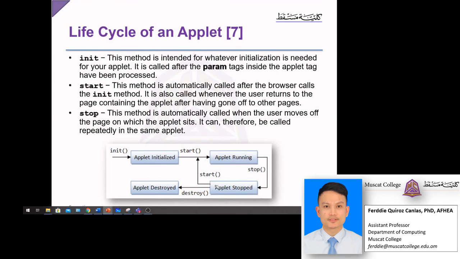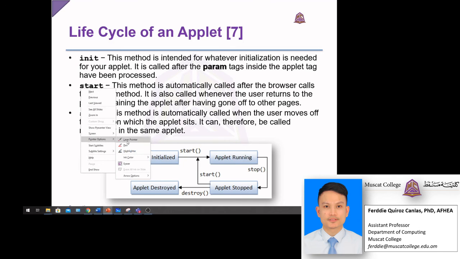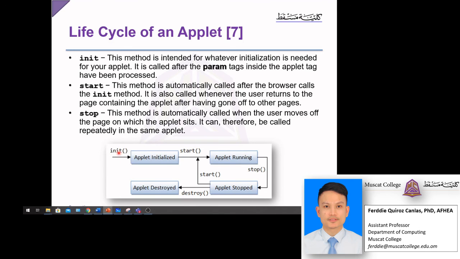So how about the life cycle of the applet? The life cycle of the applet is represented in this figure here. An applet is initialized. After it is initialized, it starts, and then the applet runs, or it could be stopped for the meantime and started again, and go with the cycle.